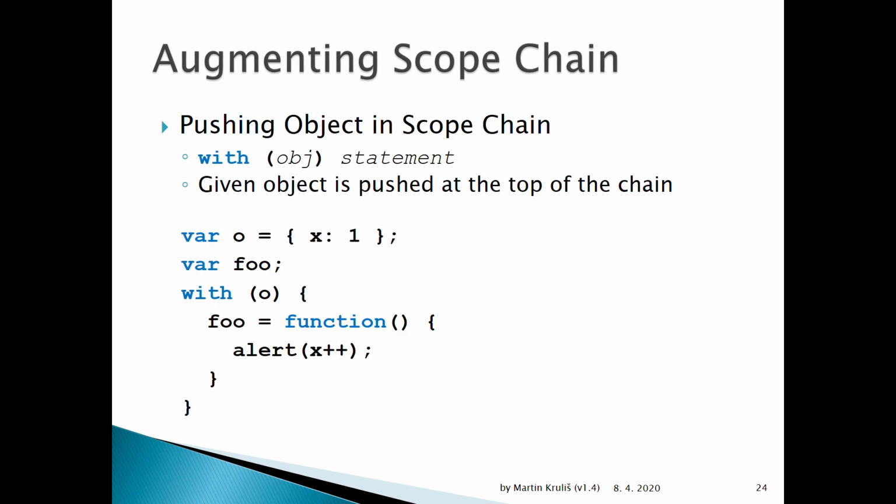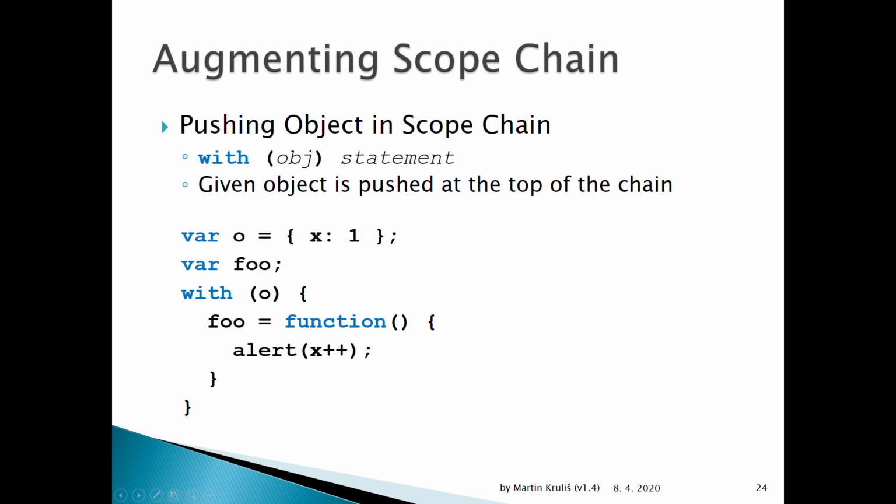There is one peculiarity about the scope chain I would like to share with you, and that is that you can actually manually override, manually augment the scope chain yourself. You can use a regular object, and using the with object statement, you can actually push this object to the active scope chain and execute this statement or block of statements possibly using this object as the front object of the scope chain.